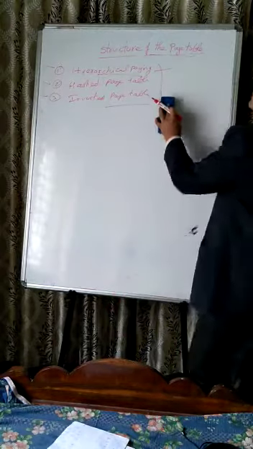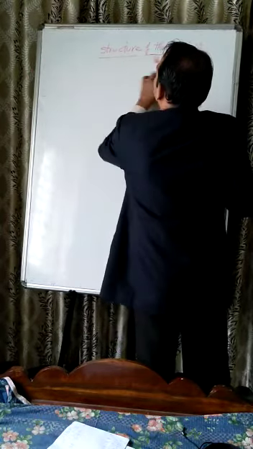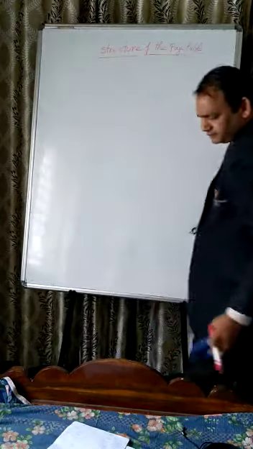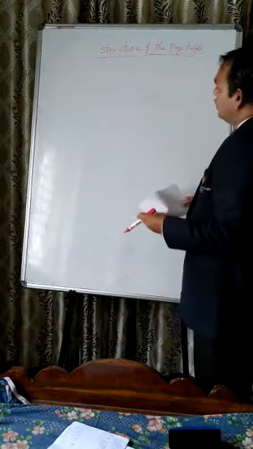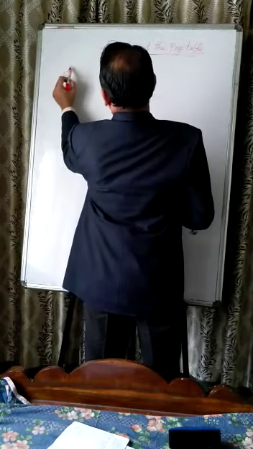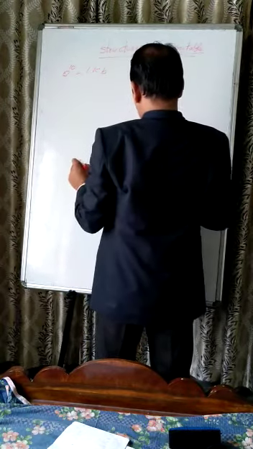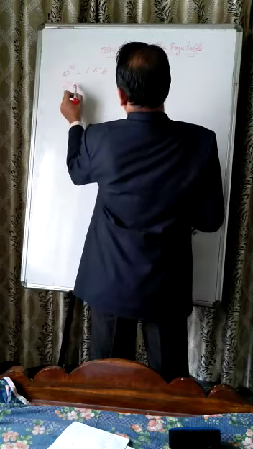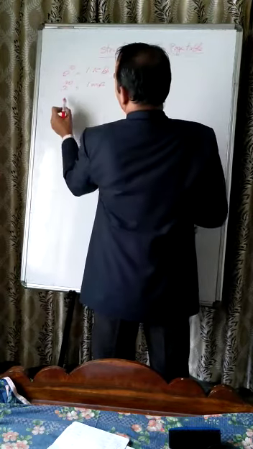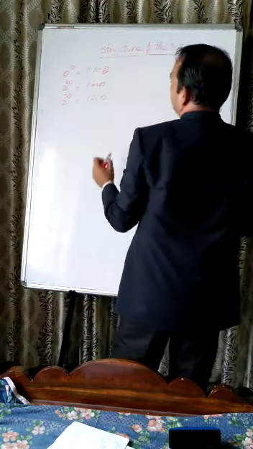How physical memory, logical space, or hard disk size is increasing day by day. Let us note down this hierarchy. 2 power 10 is equal to 1 kilobyte, 1 KB. 2 power 20 is equal to 1 MB. 2 power 30 is equal to 1 GB.